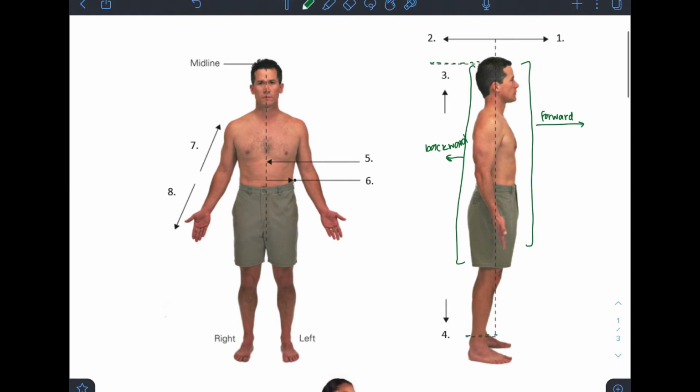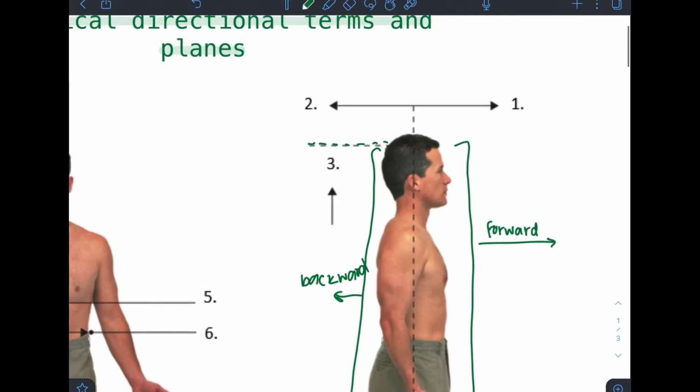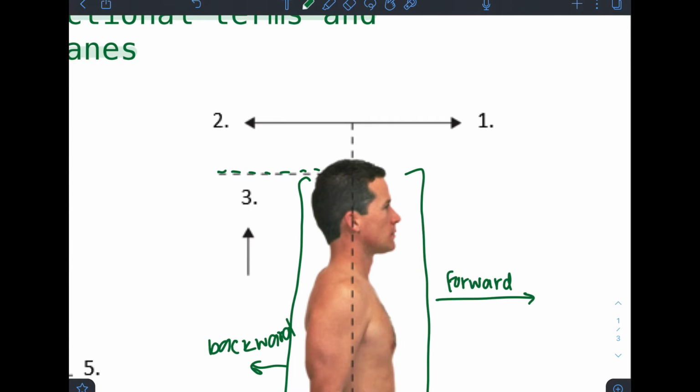So starting off with our terms, we're going to begin with number 1 here. Number 1, like we mentioned, is pointing towards the forward side of the body, so the front half of the body. Now in anatomical terms, this is going to be called the anterior, or there's another name for it called the ventral side of the body.